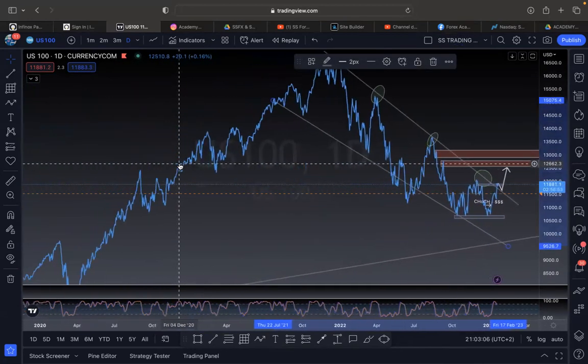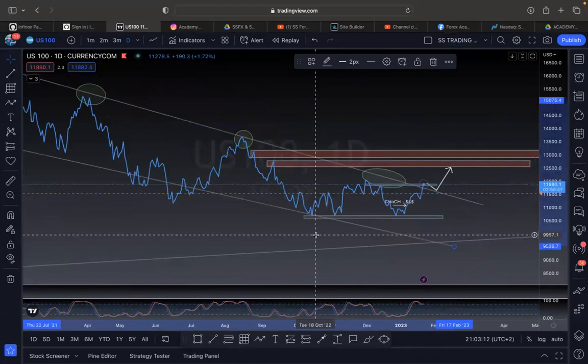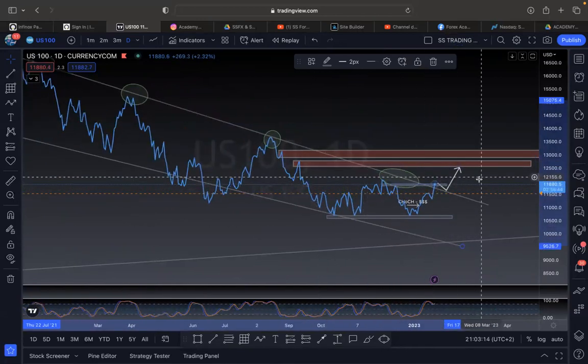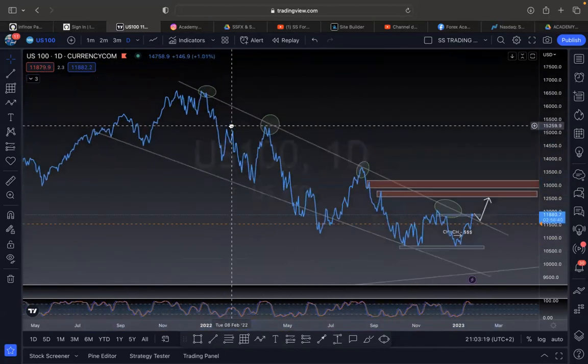You see where you said that pullback will come on the daily. If we close bullish, it's touching on your trend line. Remember, it has to close above that trend line.